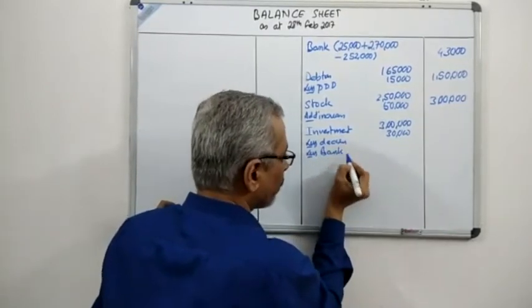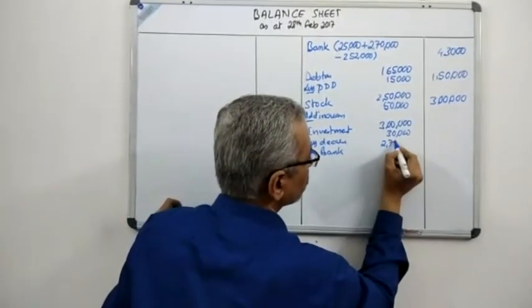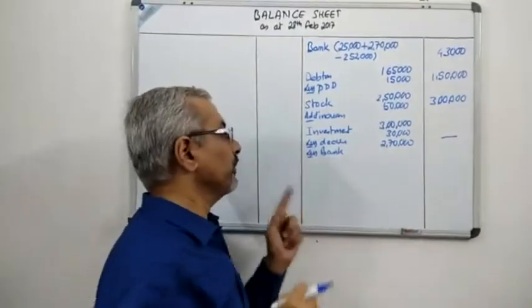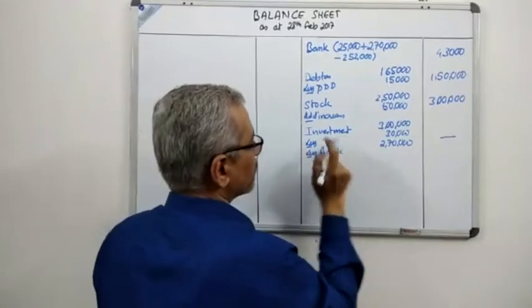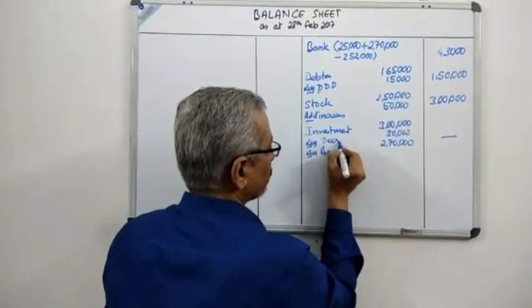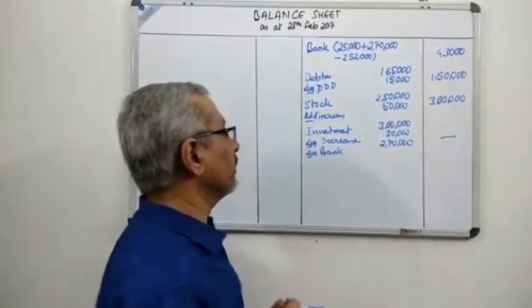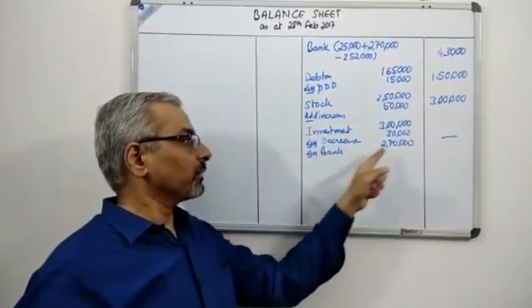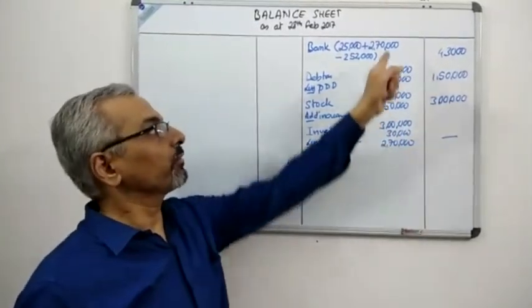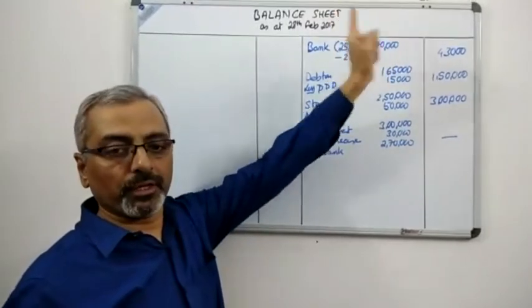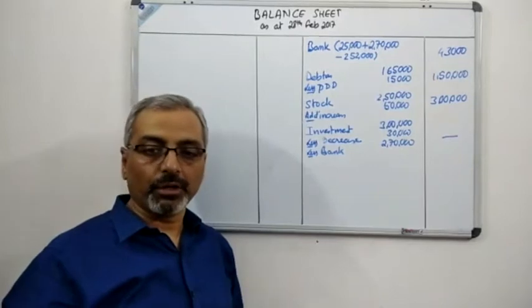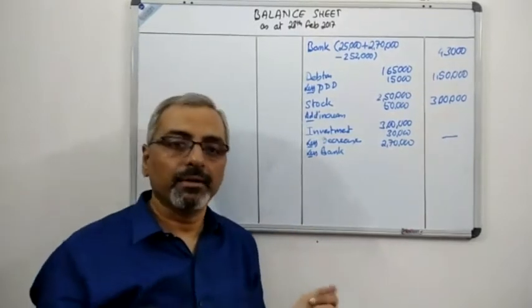This is very important because you have sold it off. Put a dash in the outer column. See over here, investment 3 lakh less decrease 30,000 less bank 2,70,000, which has been posted over here. If you can see very carefully. Apart from that, we also have a fixed asset of 5,40,000 which does not have any adjustment.